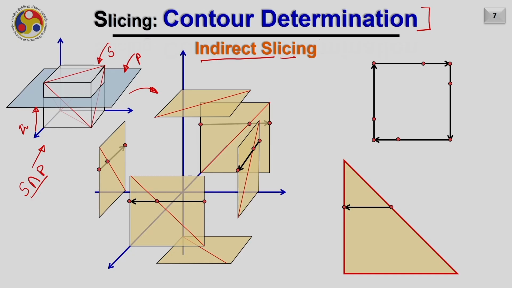Now, the plane is not there, but the intersecting lines are quite visible. Here, if I consider this particular face, these will be the intersecting points, and a collection of these points will give me nothing but a line.